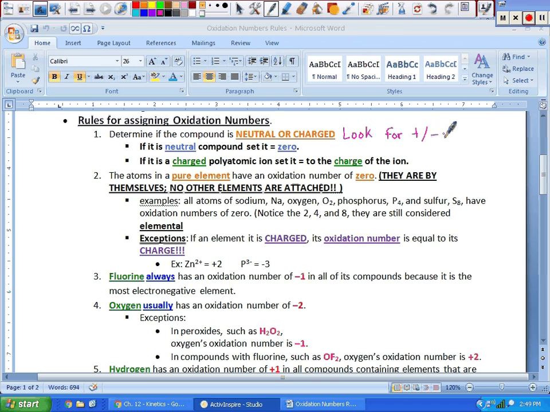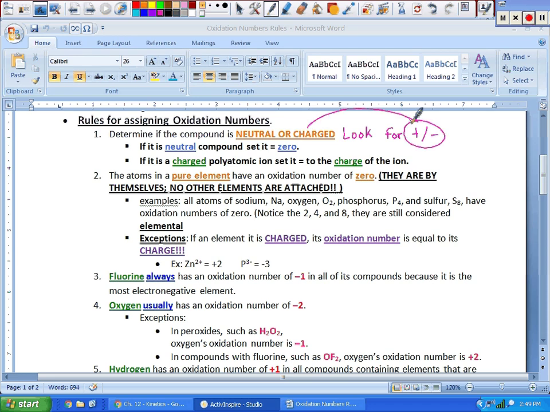Look for, and what is that funky looking thing at the end? Positive or negative. Now, if you see one with your eyeballs, if you see one of those two things, what is the answer to that question? Would it be neutral or would it be charged? It would be charged. So if you see these things, that's what those are referring to.